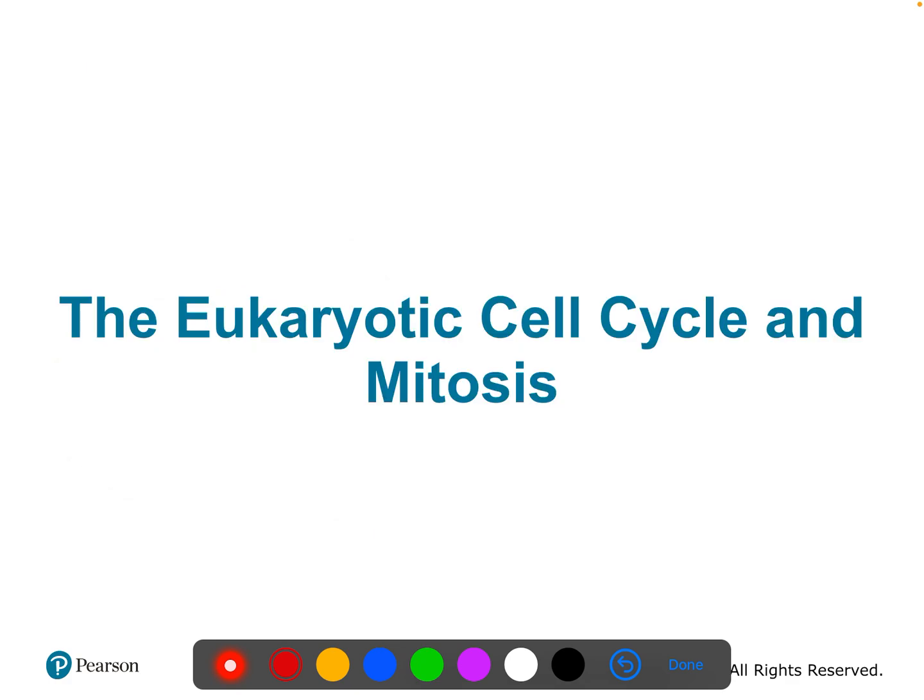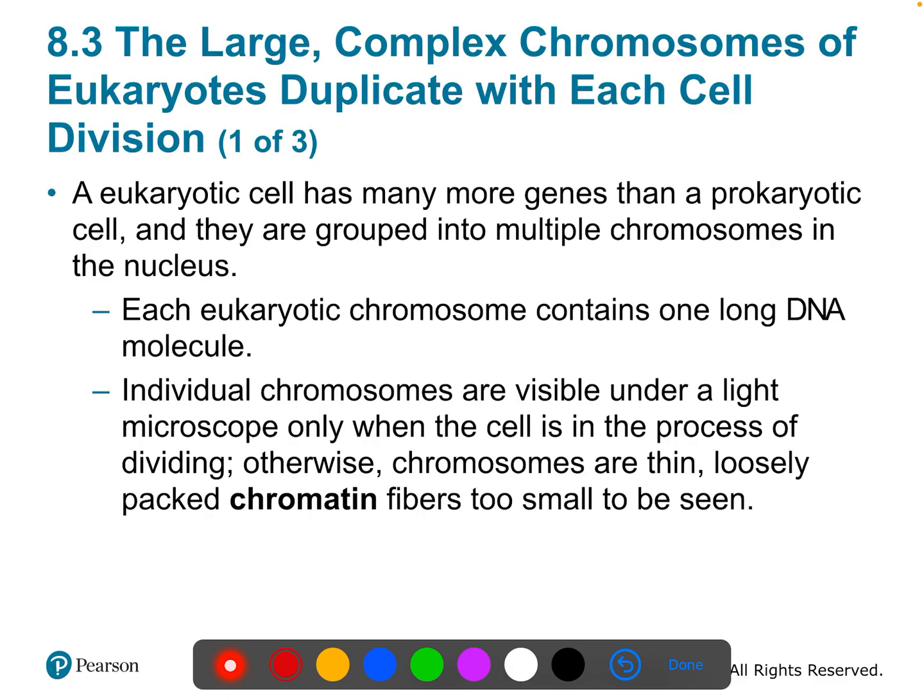But for our chapter, we're going to concentrate primarily on those much more sophisticated and complex cells, the eukaryotic cells. So that's what we're going to be looking at for the bulk of the chapter here. Eukaryotic cells, of course, have more genes than prokaryotic cells. They have multiple chromosomes. So their process is a little bit more complicated. It starts first with the nucleus, of course. That's where the genetic information is located. That genetic information is stored, of course, in DNA.